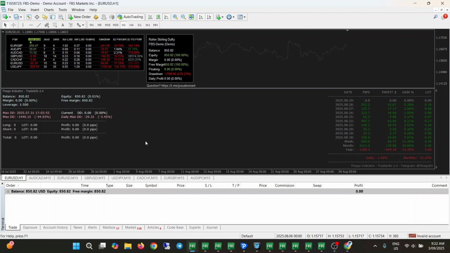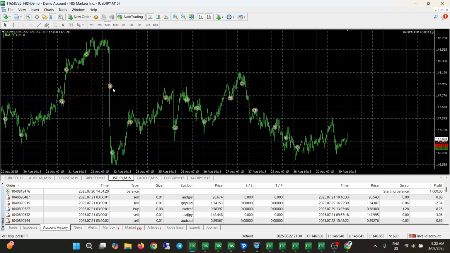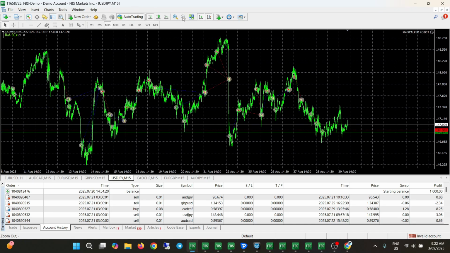In this case, I put the robot on 0.01 lots and let it do its thing. As you can see here, the starting balance was 1,000. Unfortunately for this robot, it got stuck in a USD JPY trend, probably somewhere way back, and it almost blew the account, but it didn't. It was just in a lot of drawdown, and it caused a bit of headache.